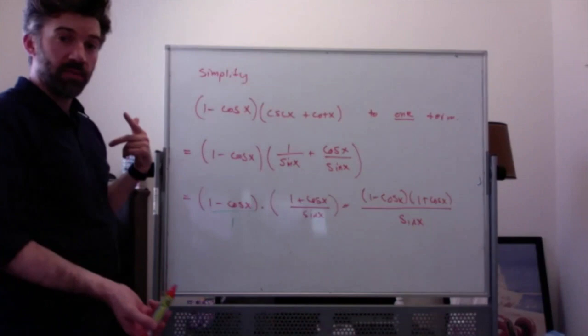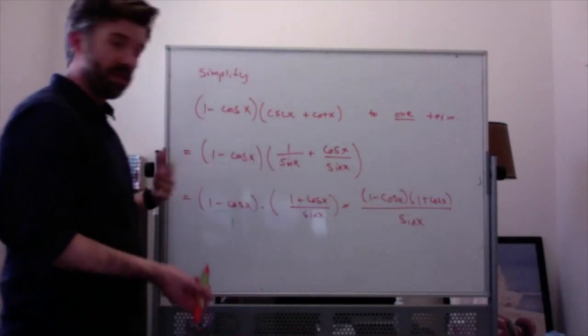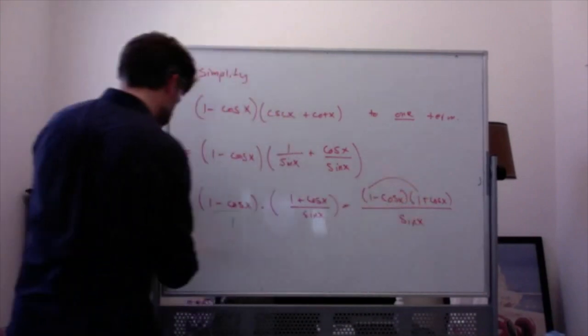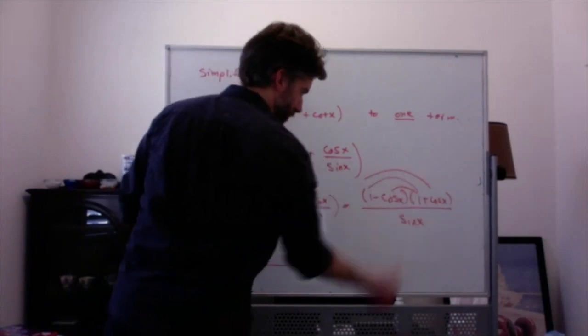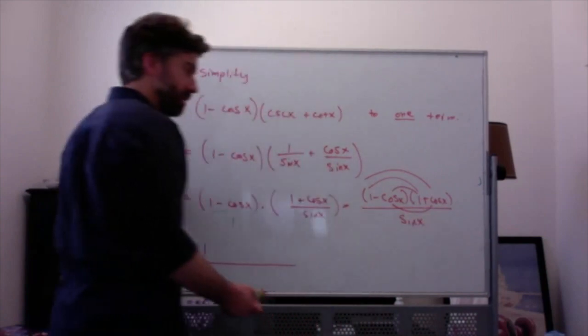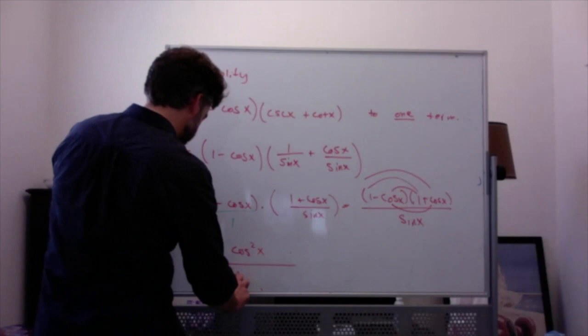And then we saw before, when you multiply 1 minus cosine times 1 plus cosine, the middle terms cancel out. You get 1, and a plus cosine and a minus cosine, which cancel. And then you get a minus cosine times cosine, which is a minus cosine squared x, all over sine x.